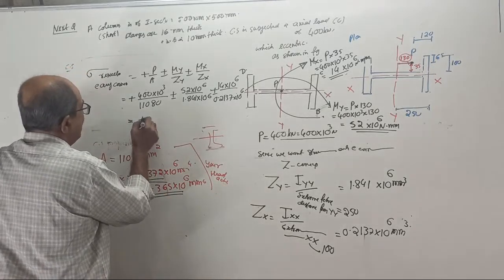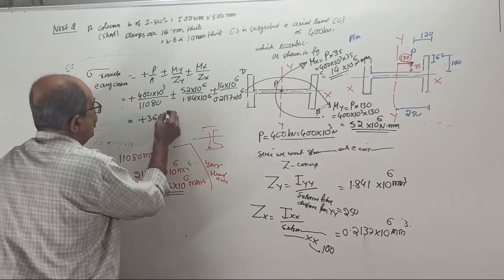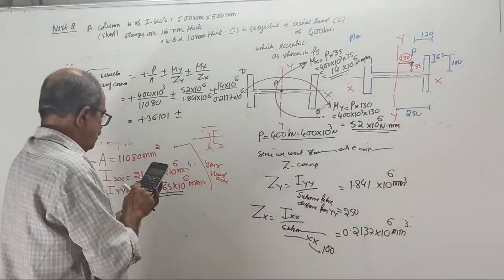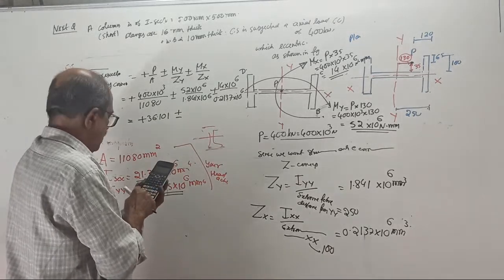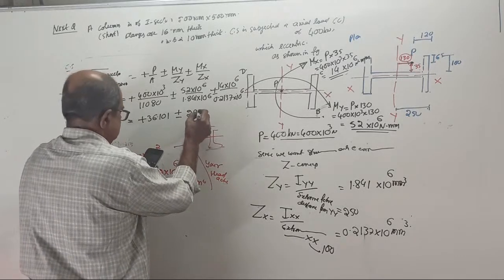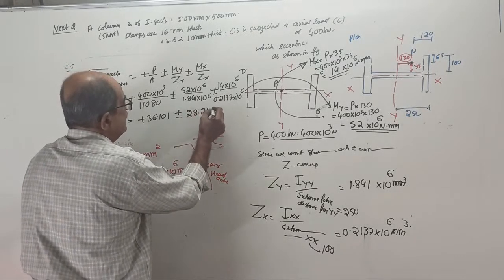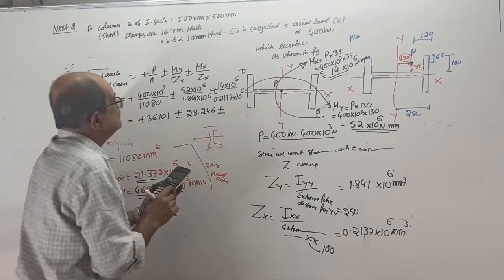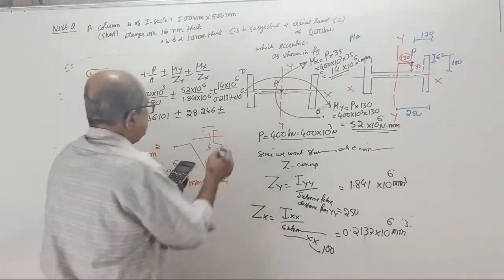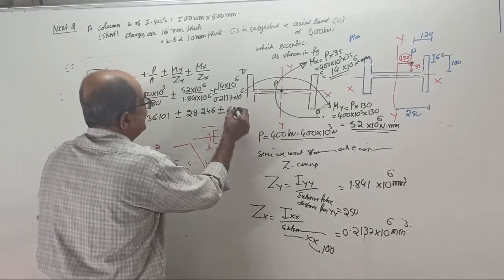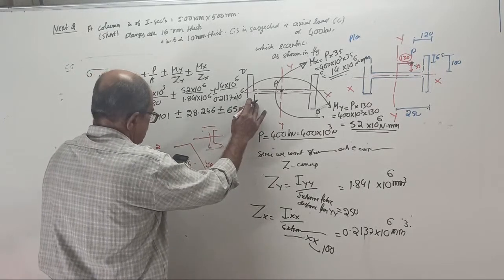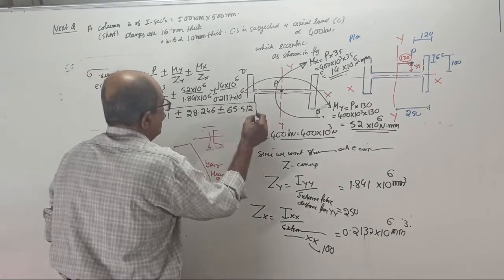So 36.101 plus or minus 52 divided by 1.841, which is 28.246, again plus or minus 14 divided by 0.2137, which is 65.512. This is the expression for the resultant stress.